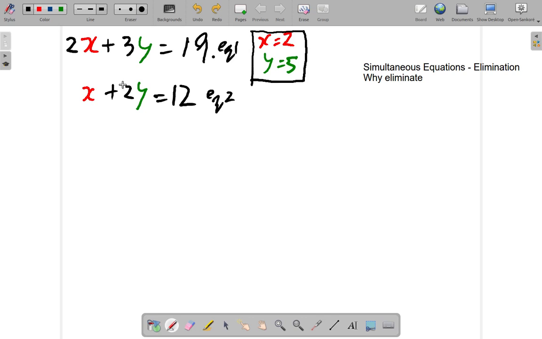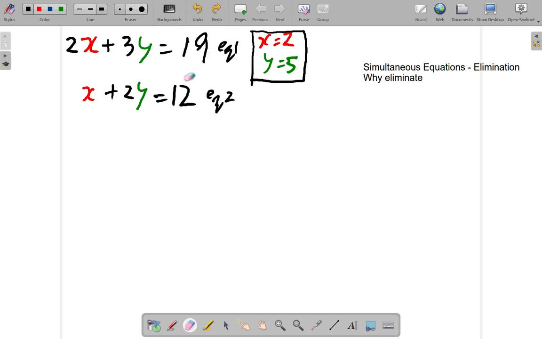How do we eliminate x or y? We can't just do it like that. We can't just use the eraser and rub out y and say 2x plus 3 is equal to 19, so we can solve for x. We have to do it mathematically and we have to do it the right way. Alright?